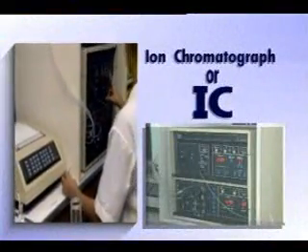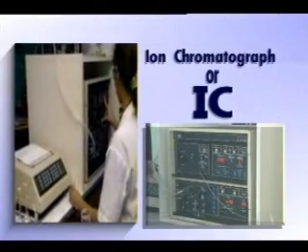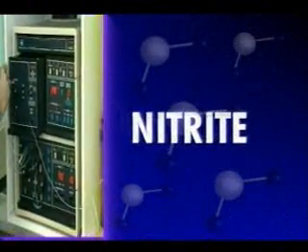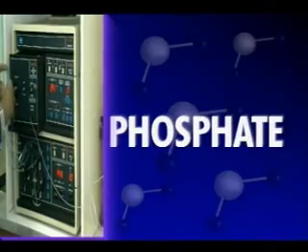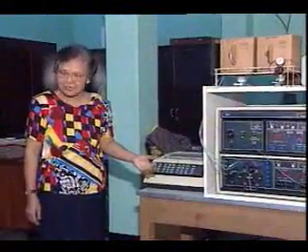This instrument is used to determine pollutants like chloride, nitrate, nitrite, or phosphate. And again, the presence of the components we are interested in can be shown in this graph or integrator, also as a peak, similar to what we have at HPLC.